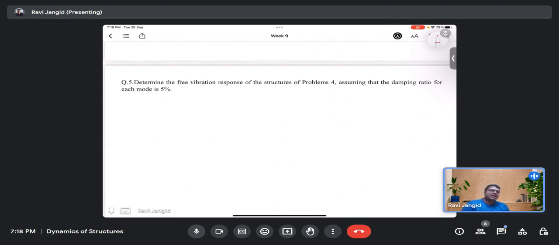So that's why I extended the same problem. It will be useful to you, like the full problem: finding the mode shape, frequency, the orthogonality normalization, then the free vibration, then the damped vibration. That is covered through the one problem only.